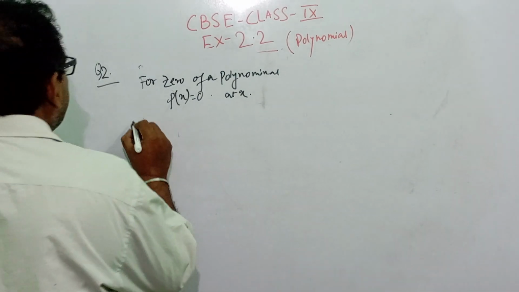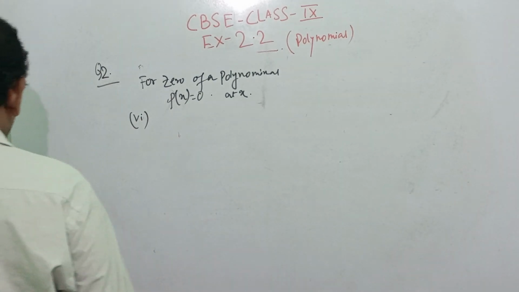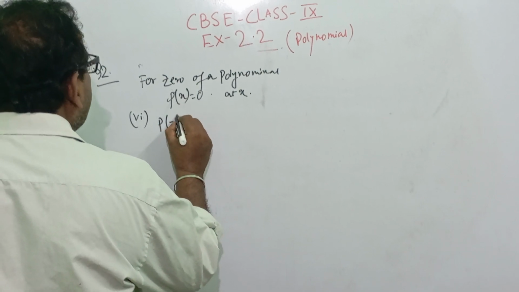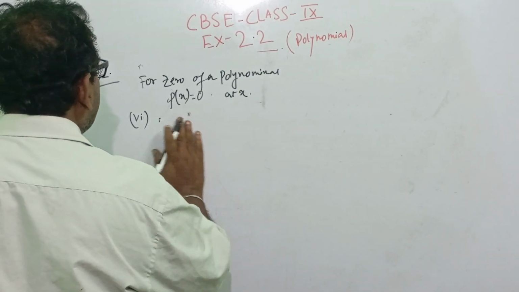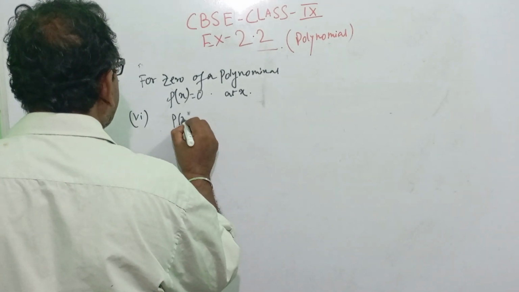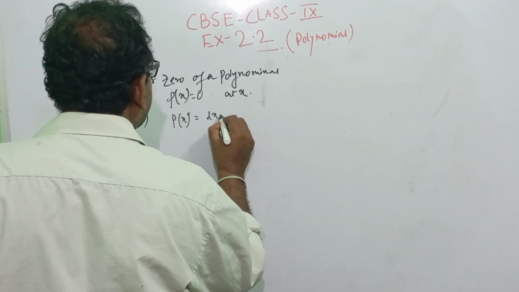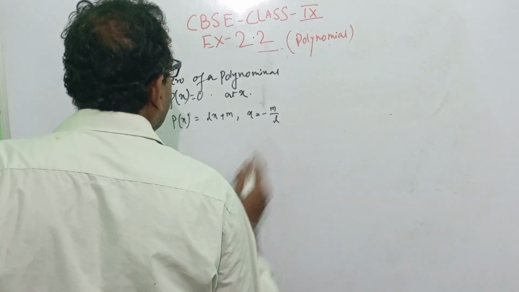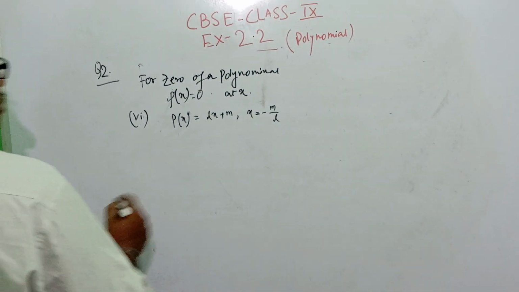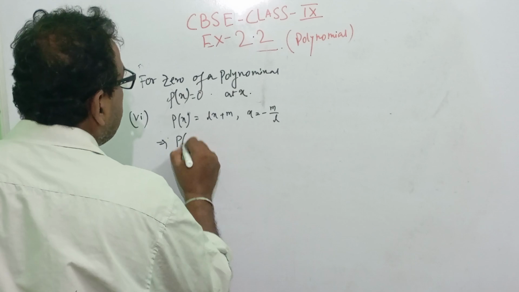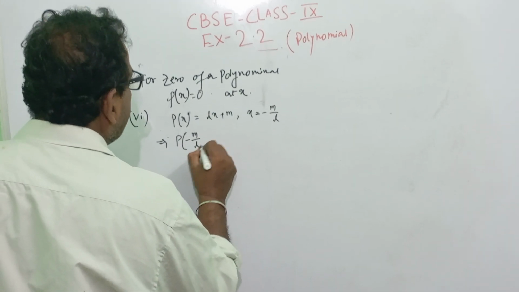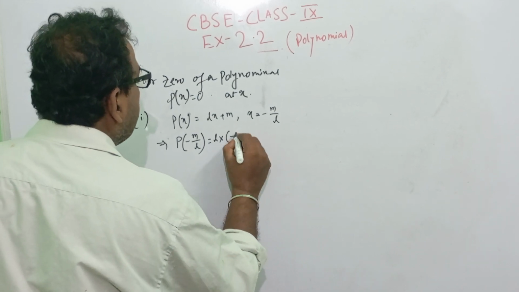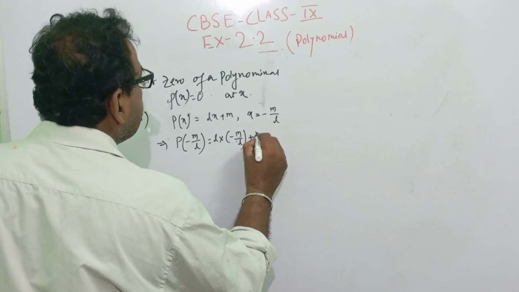Now last one. P of minus m by l. Now what they have given, px is equal to lx plus m, where x is equal to minus m by l. Now what we do that, p of minus m by l is equal to l into minus m by l plus m.